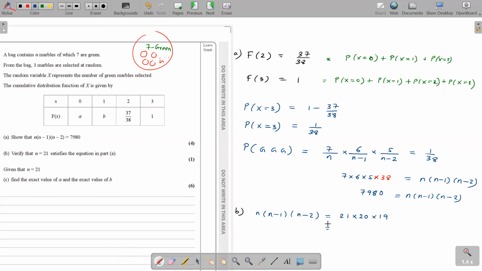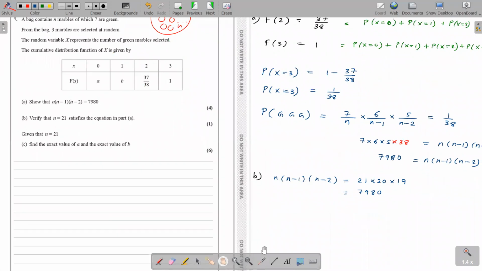Substitution, what do we get? We get 7980. Children, what does it mean? It means n equal 21 is a possible solution for the number of marbles in the bag, because the bag contains n marbles. So when n equal 21, this works out, which means n equal 21 is a solution.